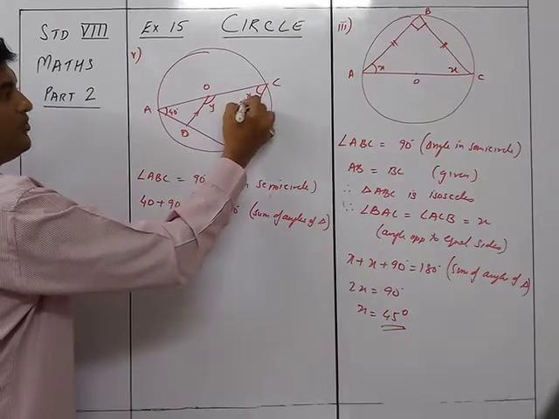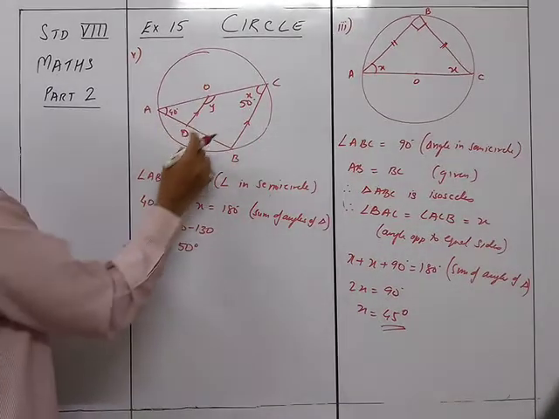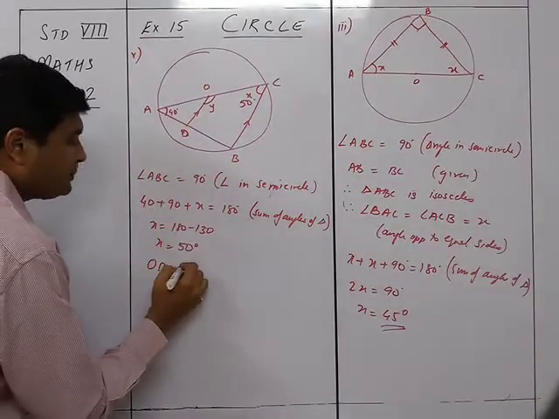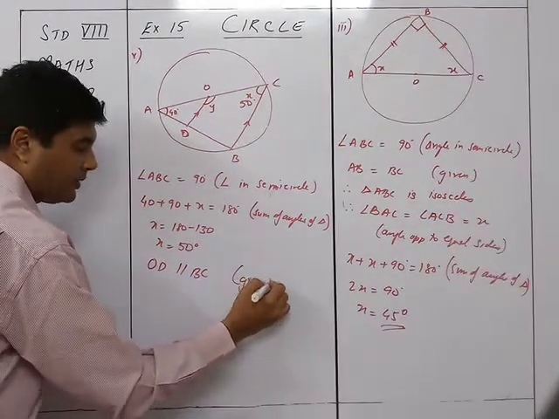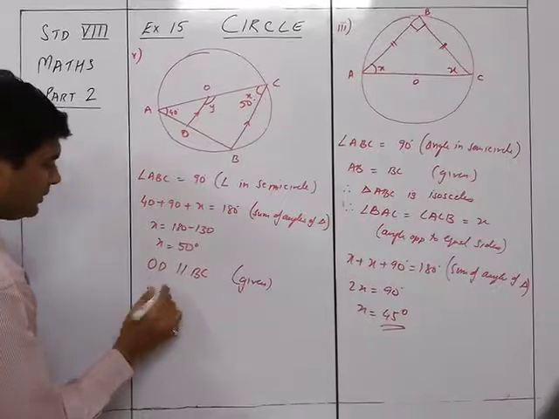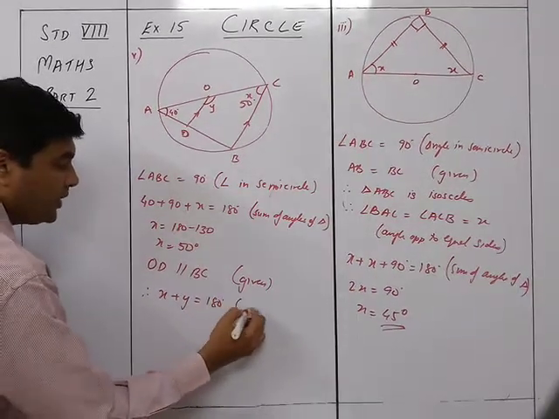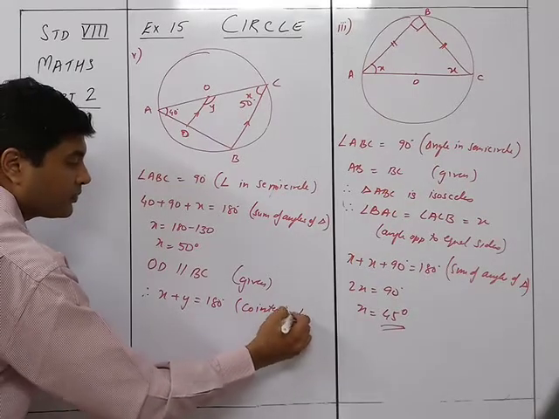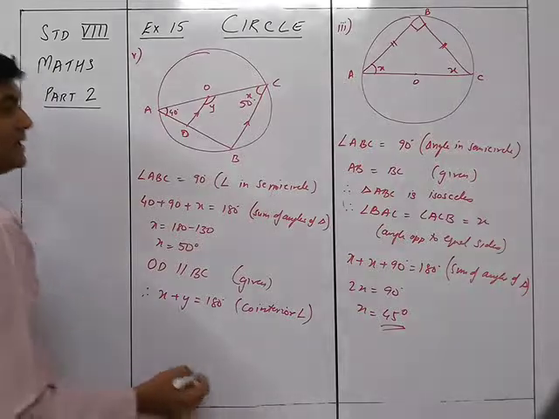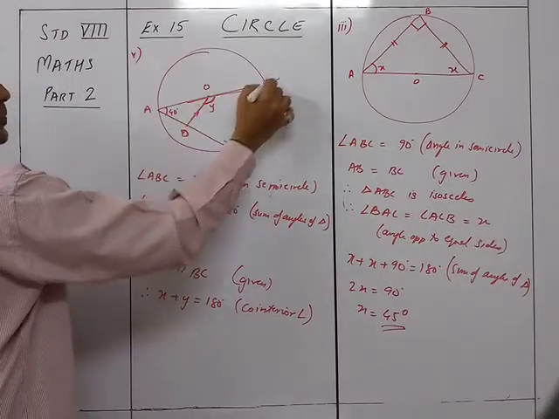So this I know will be 50 degrees. Now, they are given that this line and this line are parallel to each other. See, OD is parallel to BC, given. Therefore, x plus y is equal to 180 degrees because they are co-interior angles. Remember the co-interior angles? This angle and this angle. See, this is the transversal and these are the two parallel lines.